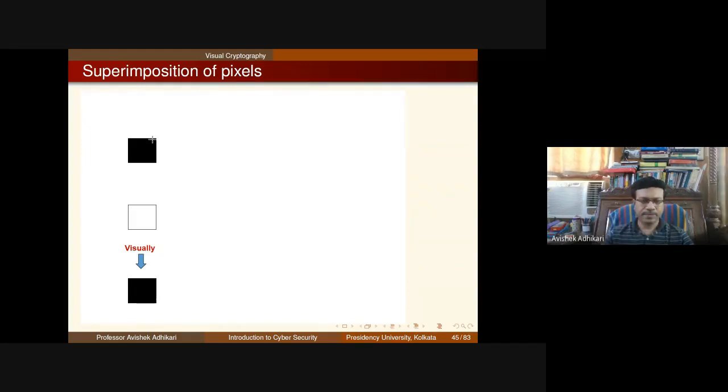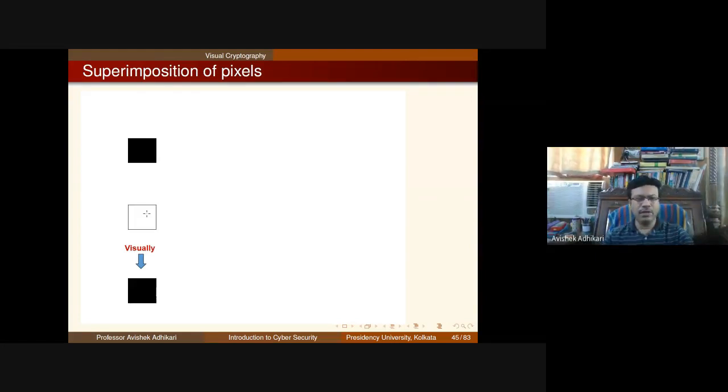But if I have a white box here, with no demarcation, the printer will not eject any ink here. That means it will remain just the transparent sheet. For black it will eject some color, but for white it will not eject anything.